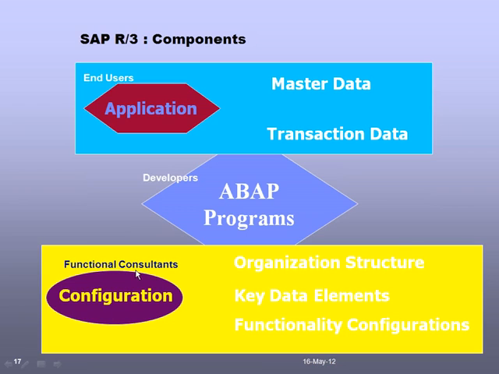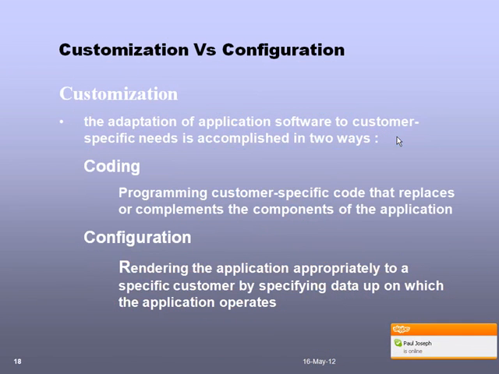So as you can see here, unless you have an organization structure, key data elements and functional configuration, ABAP programs will not work. If there are no ABAP programs, neither transactional data nor master data can be maintained. So this is the process flow for working with the SAP components.